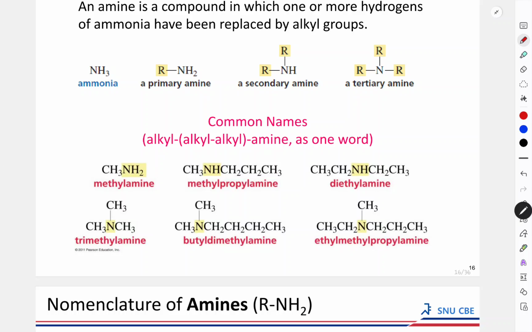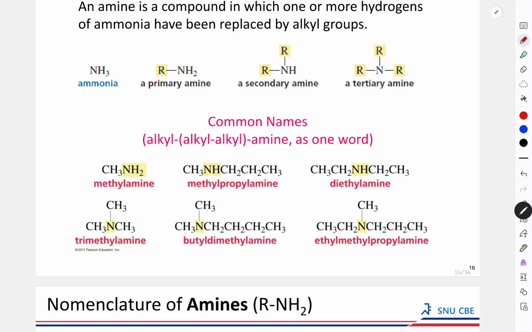By convention, you can just call out the alkyl amine. Take an example here. You have methyl as the alkyl moiety, so it's going to be methylamine. Here you have methyl and propyl moieties, and M comes first, so it's methylpropylamine. That's a common name.